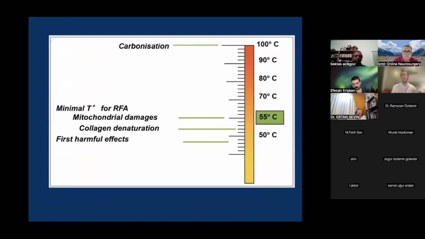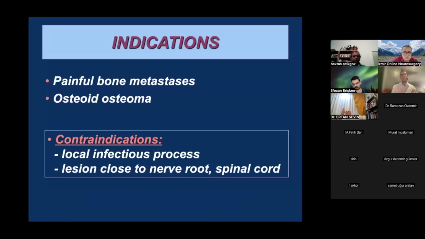Once more, the target temperature is between 55 and 100 degrees Celsius. If it's less, you won't have any destruction of the tumor cells. If it's above 100 degrees Celsius, you will have carbonization, and the effect will be poor.